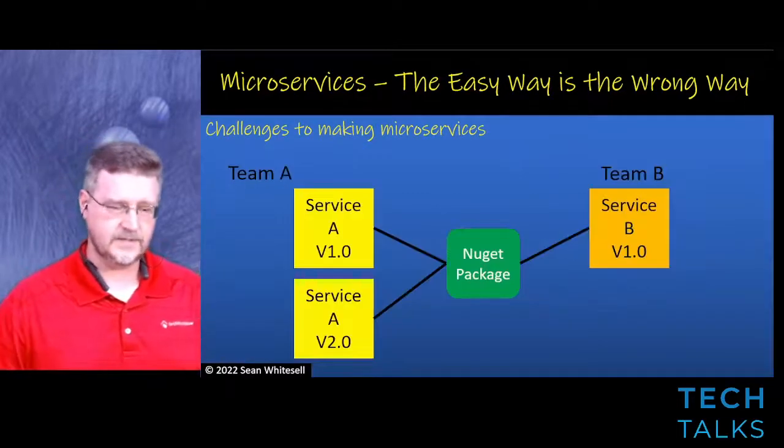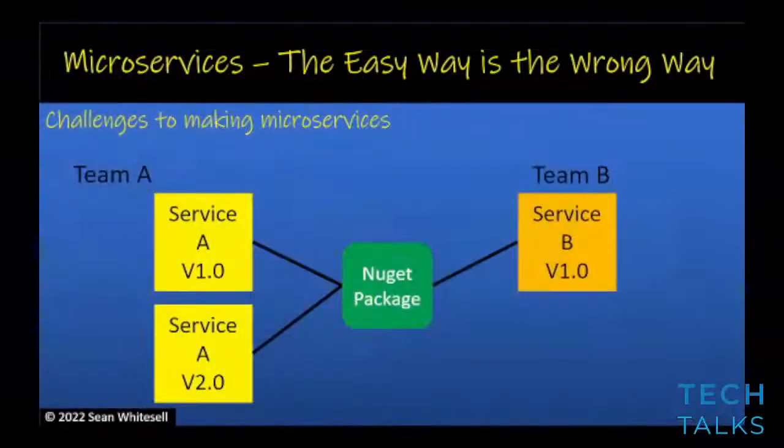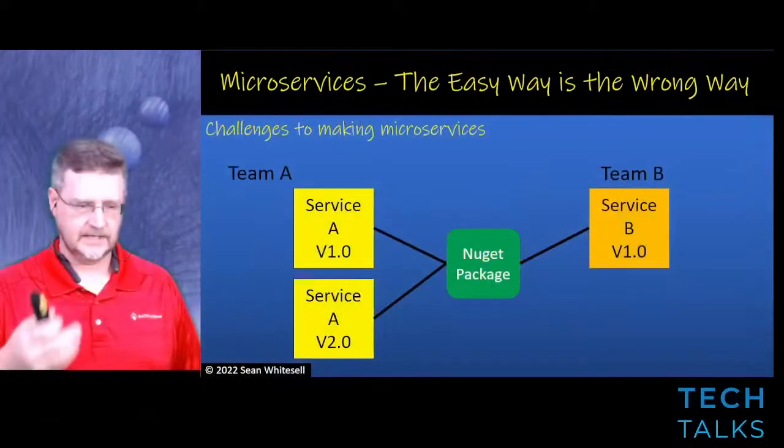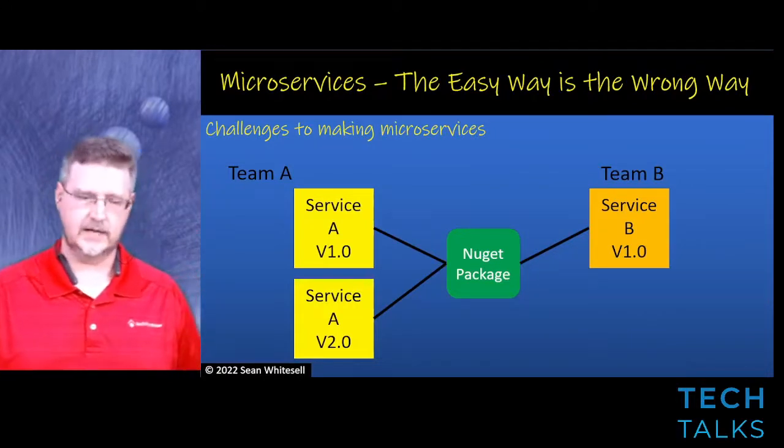Okay, here's a quick scenario of us talking about the tight coupling of common code. Imagine 2 different teams working on 2 different microservices, and they're both using the same NuGet package. Now, the first team needs to evolve its service, and so it's going to make a change to that NuGet package so that it can get its next version out.